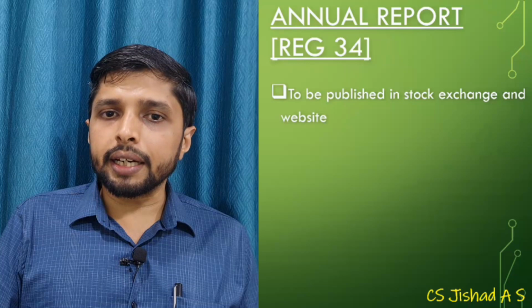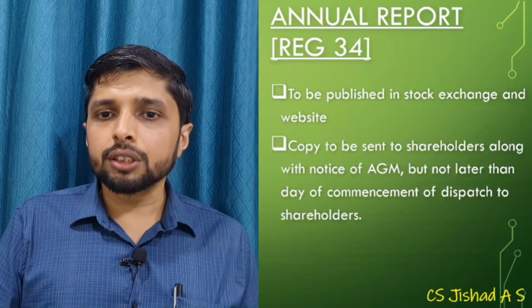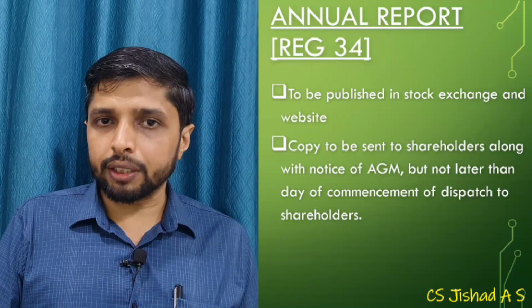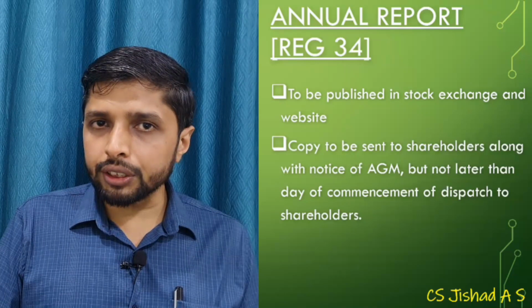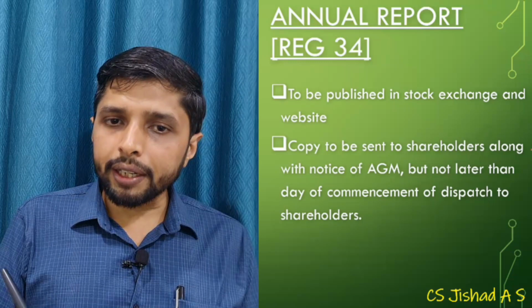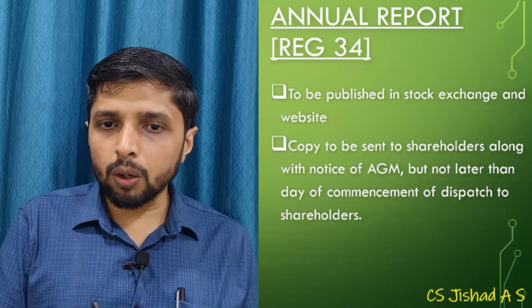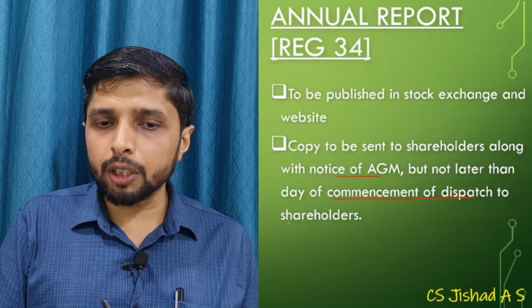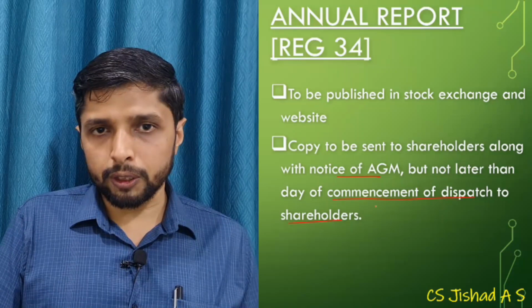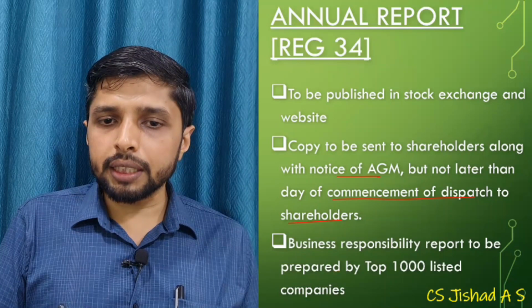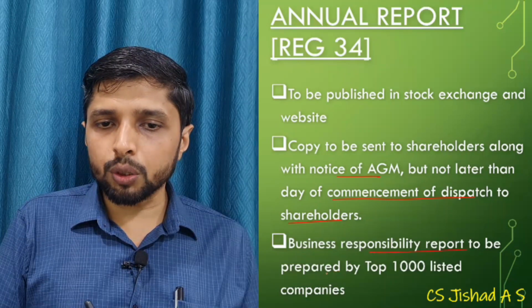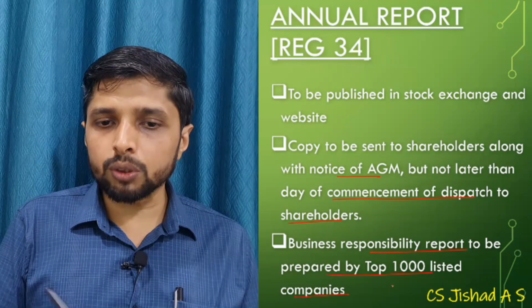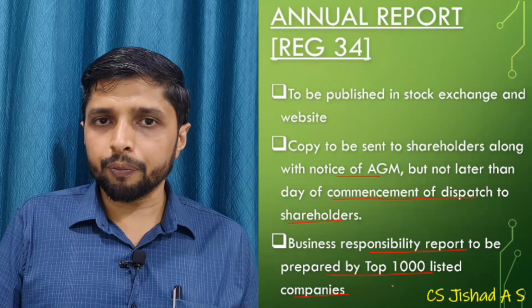Okay, so the listed entity will have to publish the annual report on the stock exchange and website. Then a copy is to be sent to shareholders along with notice of AGM, but not later than the day of commencement of dispatch to shareholders. Okay, then business responsibility report to be prepared by top 1000 listed companies.